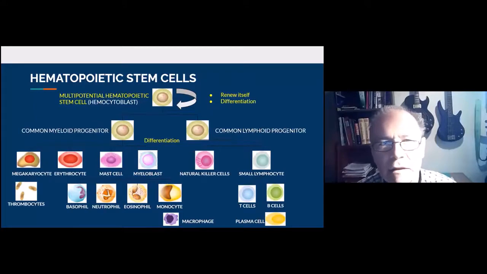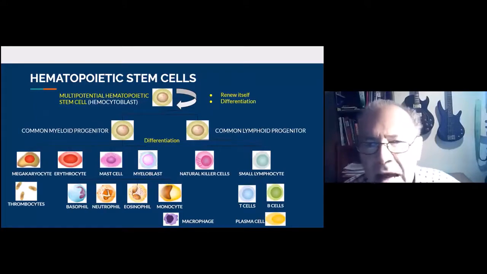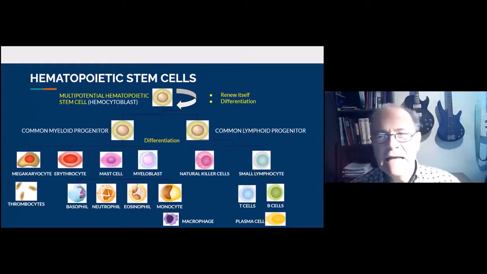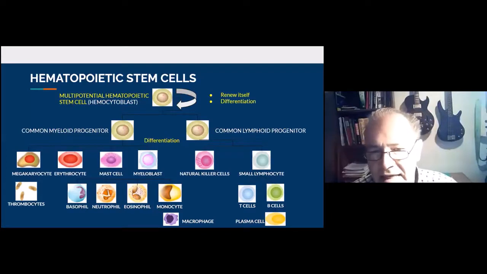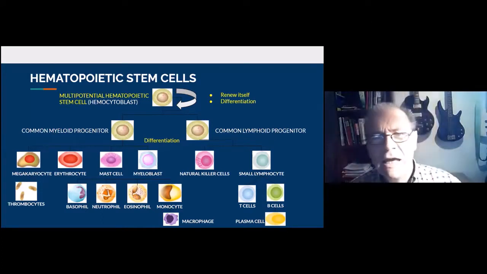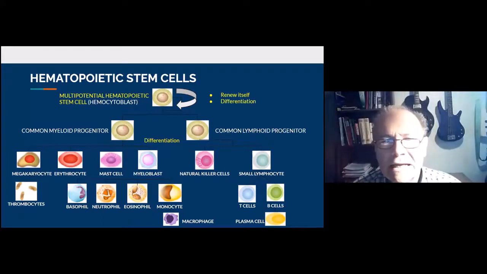The stem cells renew themselves, but during 7 days they undergo differentiation and proliferation to produce thrombocytes, leukocytes, and red cells before going to the peripheral blood. This very interesting and complex activity in the bone marrow is under cytokine regulation.